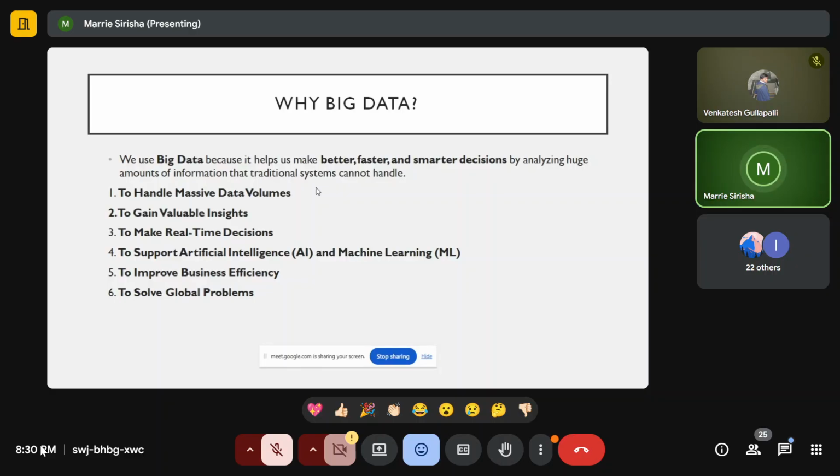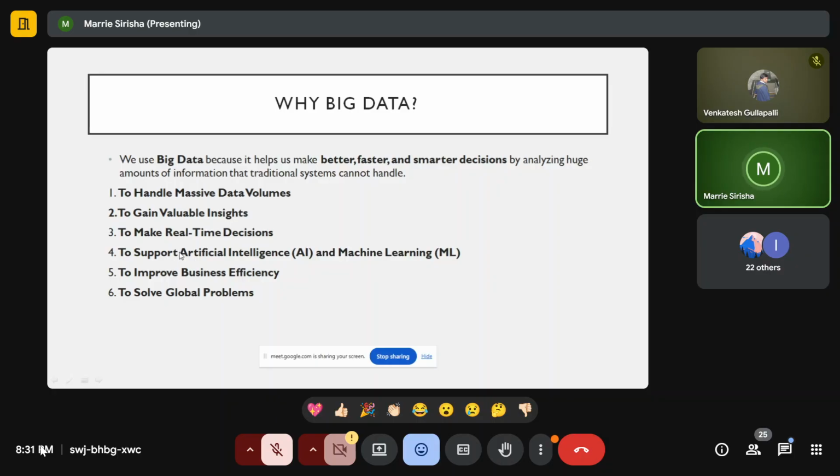Okay, depending on that you are predicting the stock for the next. So you will take the insights of the previous data, right? That is nothing but insights. You need data, big data. Next, to make real time decisions. Also, yes, to make real time decisions, you need big data, and to support AI and ML.